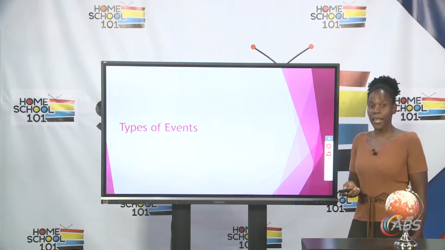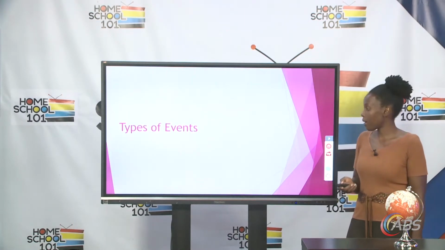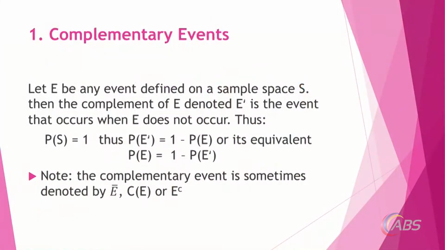We will now define the various types of events. The first event that we will have is a complementary event. It states, let E be any event defined on a sample space S, then the complement of E, denoted E prime, is the event that occurs when E does not occur. The probability of the sample space is equal to 1.